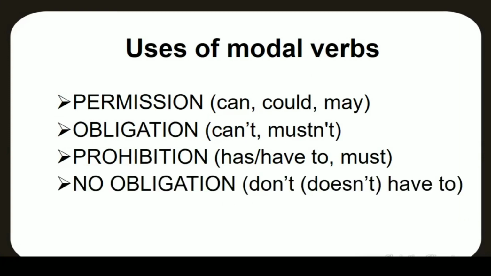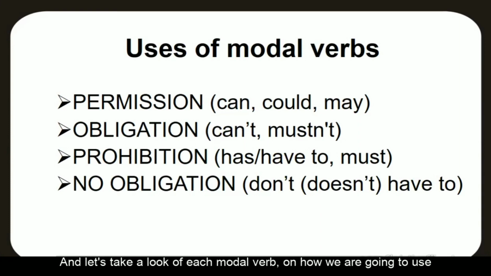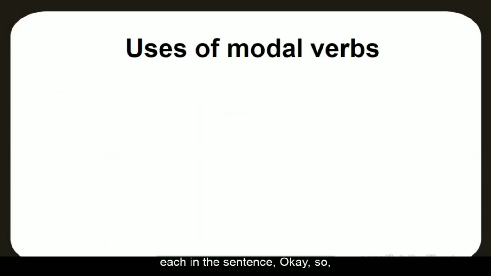And the last one, under no obligation, is don't have to or doesn't have to. Okay, let's take a look at each modal verb and how we are going to use each in a sentence.